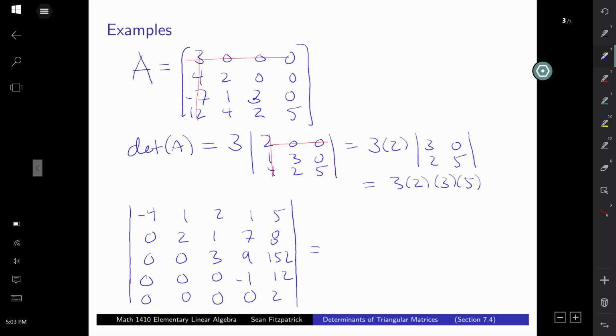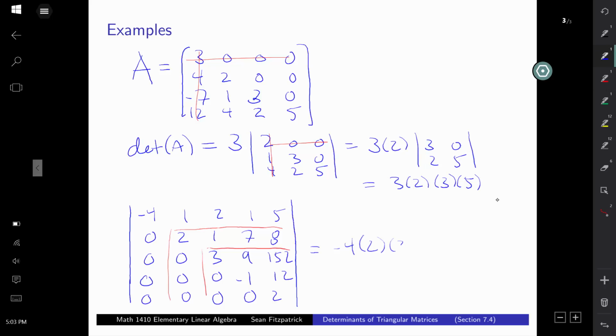Expanding along the first column gives minus 4 times this smaller determinant. How would I do that smaller determinant? I would expand again along the first column, and that would give me 2 times this smaller determinant.